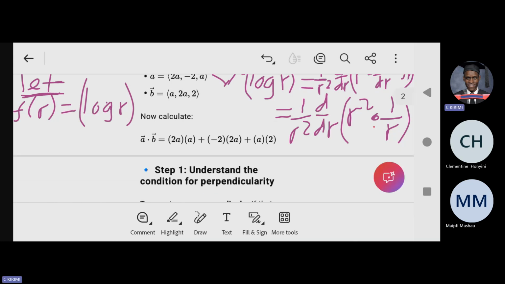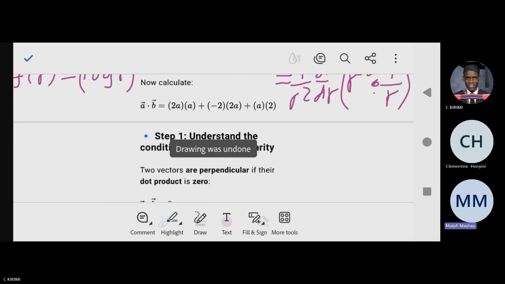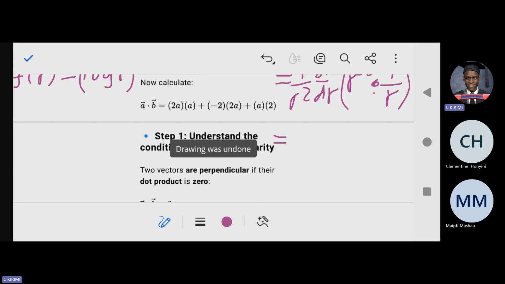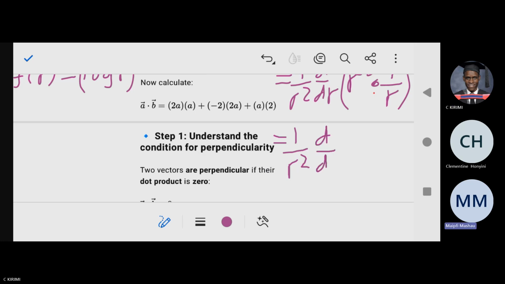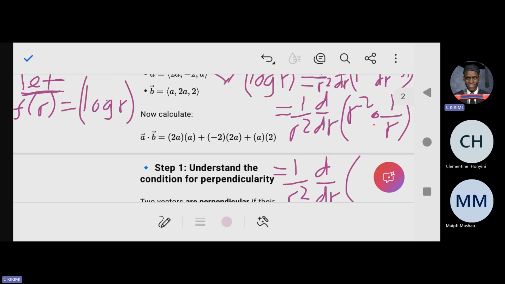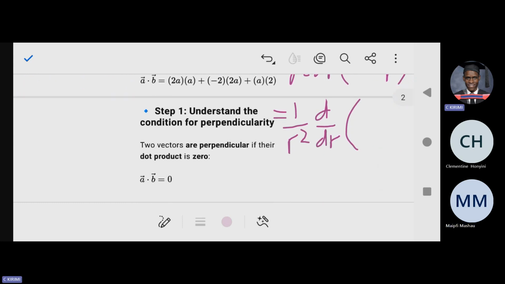Right, so our next step is going to be equal to 1 over r squared, d/dr. What is left now inside the bracket? You're going to write r, which is equal to 1 over r squared.